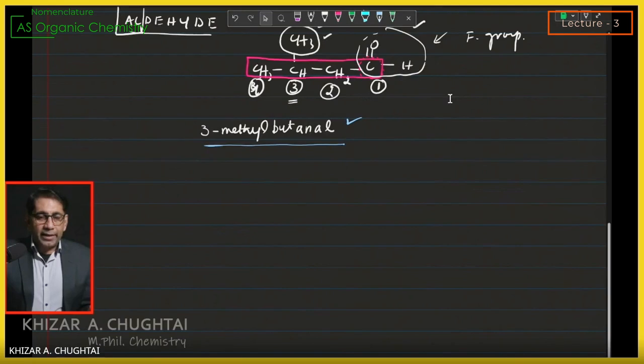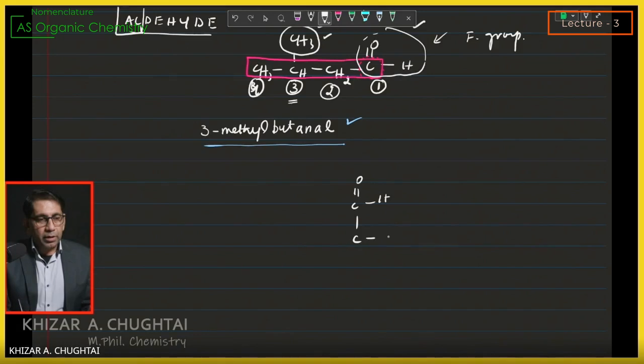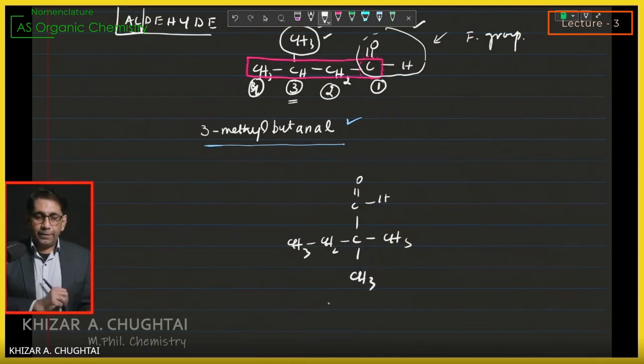Come towards another example. For example, I'm having C double bond O with H, then carbon CH3, CH2, CH3 and CH3. Can you give the name of this compound? Once again, on the same pattern, first of all, you will select the longest chain.